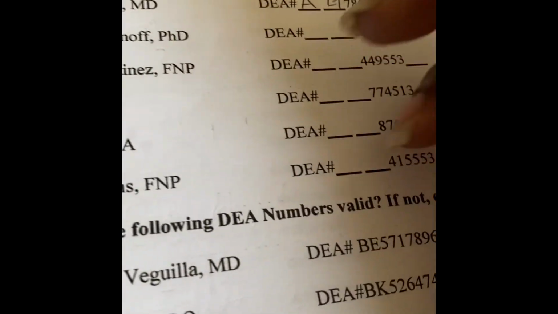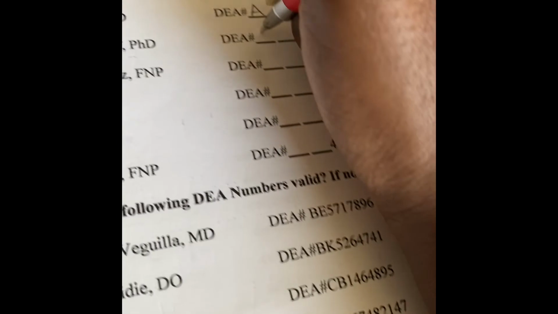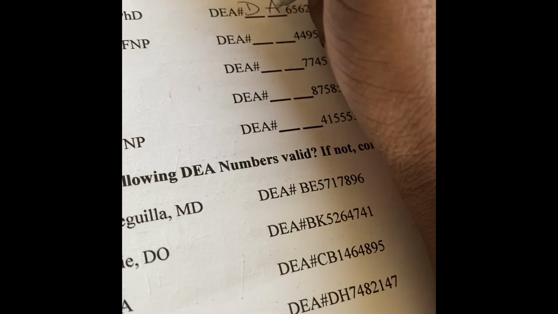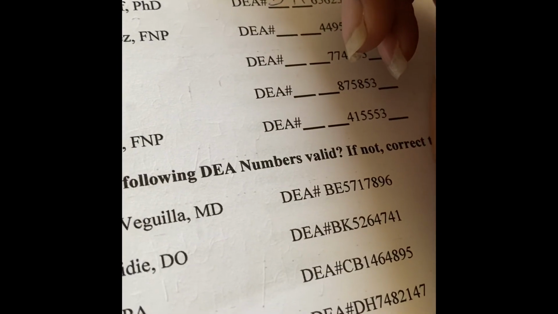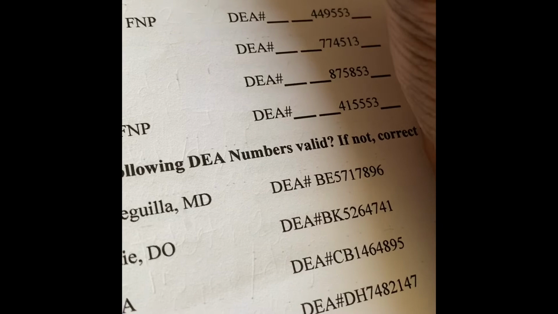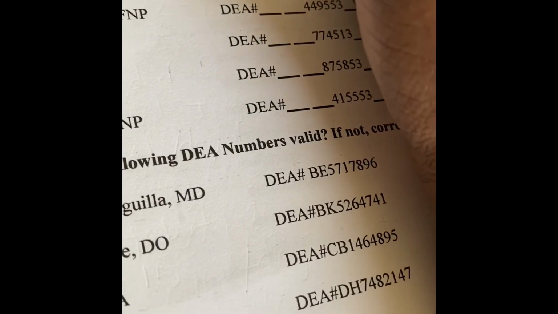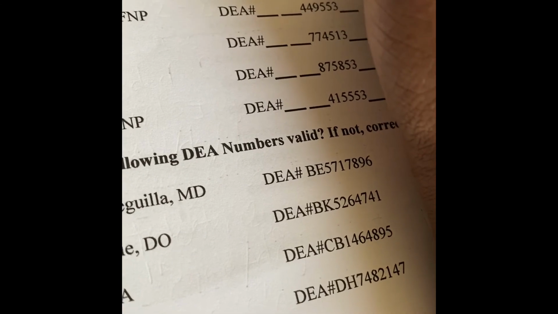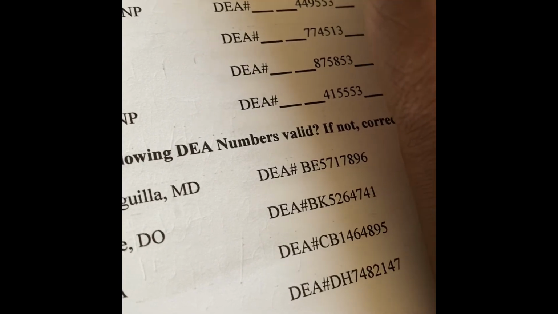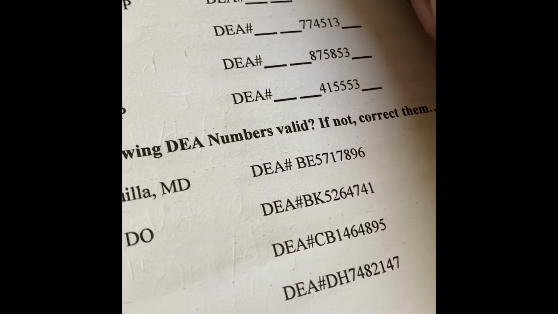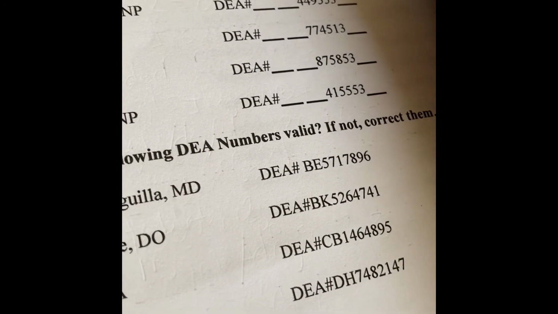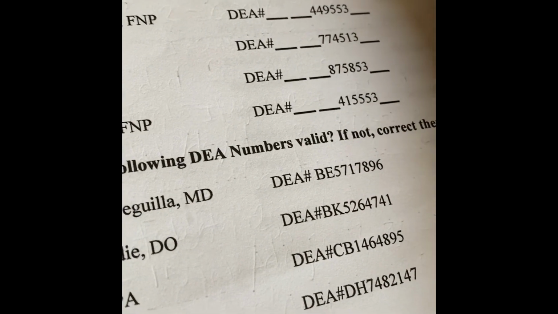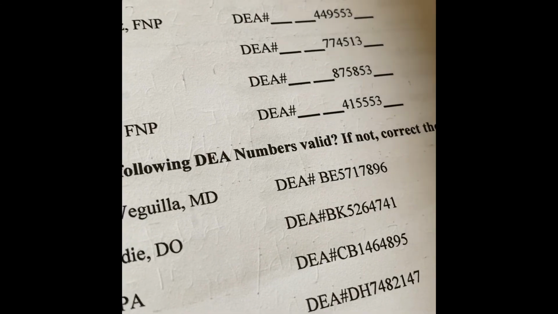So for number 4, it's PhD, so we're going to do D. And Antonov is the last name, so we're going to do A. Okay. And then we're going to do 5 plus 2 plus 7, which equals 14 times 2, which equals 28.